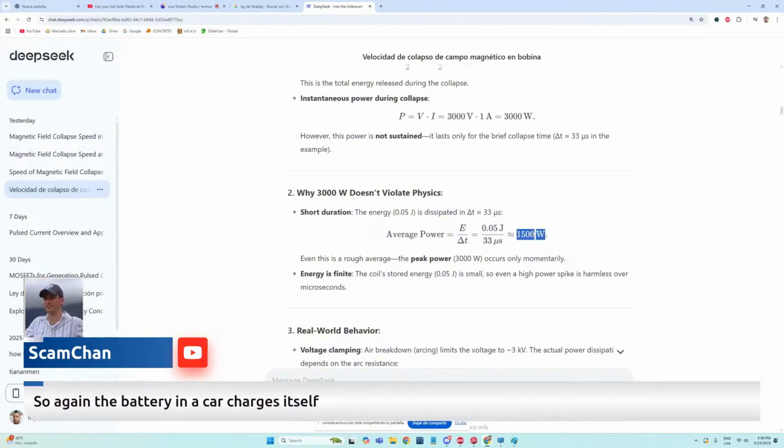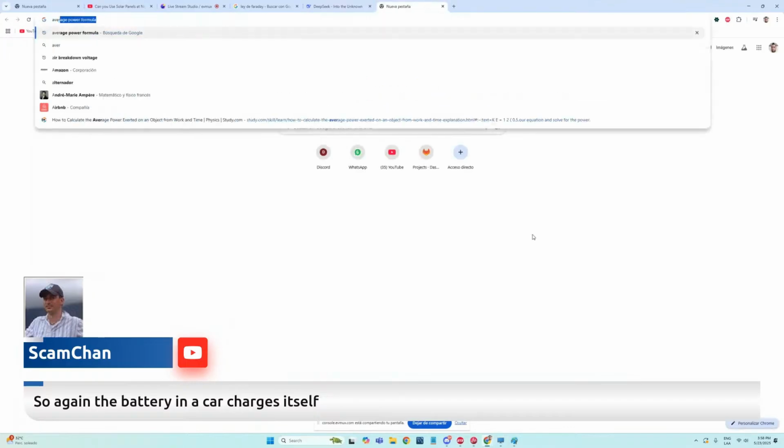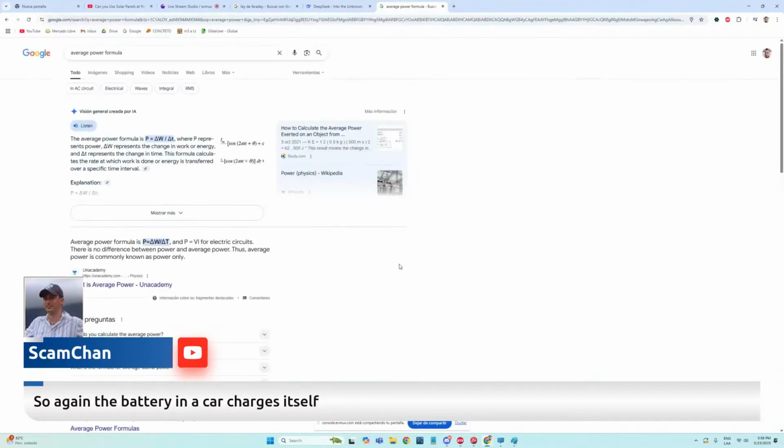Remember the definition of power. If we look at the average power formula, average power is equal to the amount of work done divided by the amount of time taken.